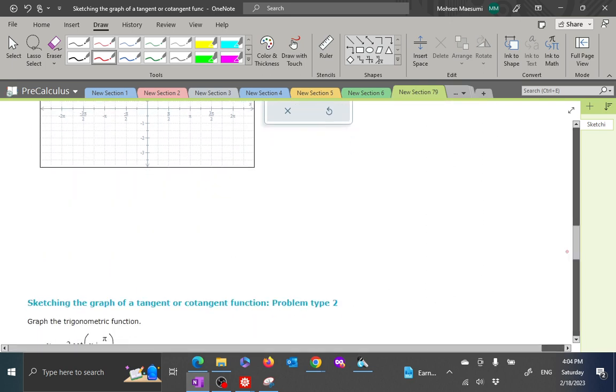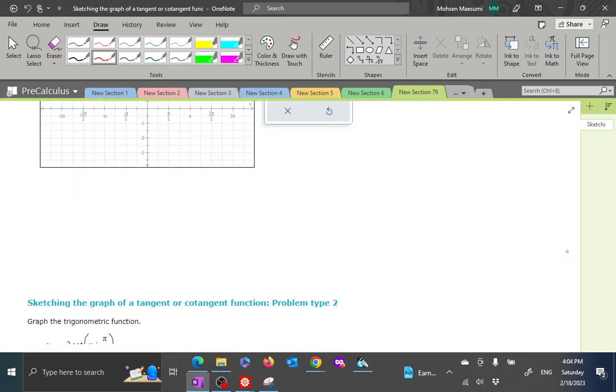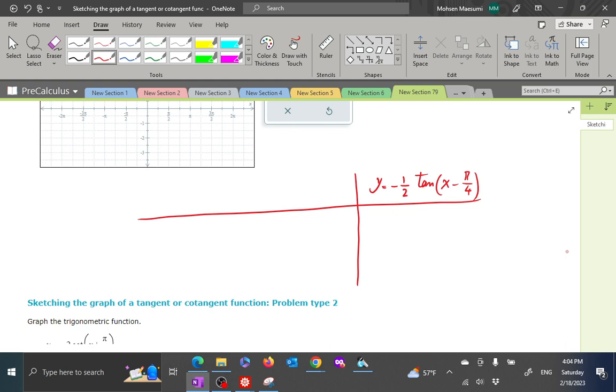The function we want to graph is minus 1/2 of tangent of x minus pi over 4. That is what we are after. Let me make a better drawing here.